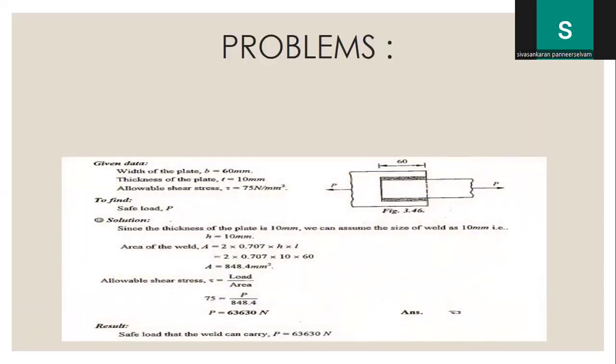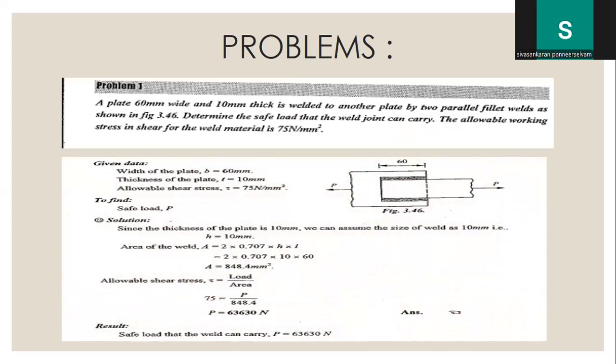Now we will discuss a few elementary numerical problems as given here. Consider a plate of 60 width and 10 thickness welded to another plate by two parallel fillet welds as shown in the illustration.